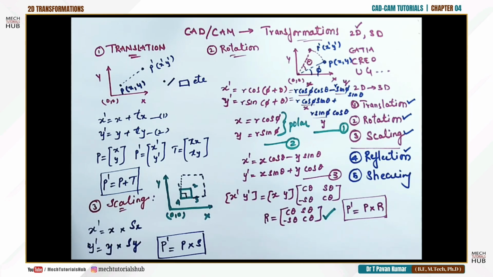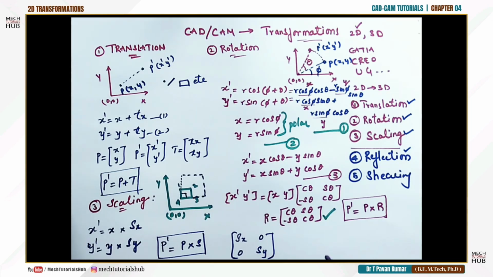Now the same terms can be written in matrix format for scaling: sx, 0, 0, sy. If you remember this matrix, multiplied by the given coordinates it will give you the resultant coordinates or resultant matrix. And with sx and sy you can reduce or enlarge uniformly or non-uniformly.